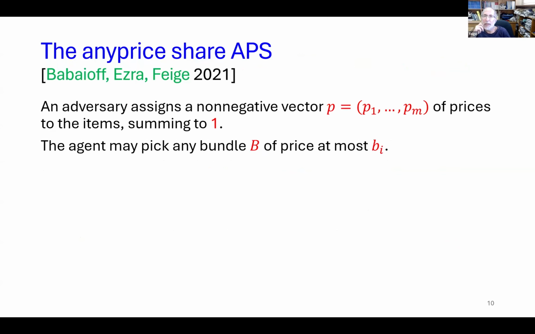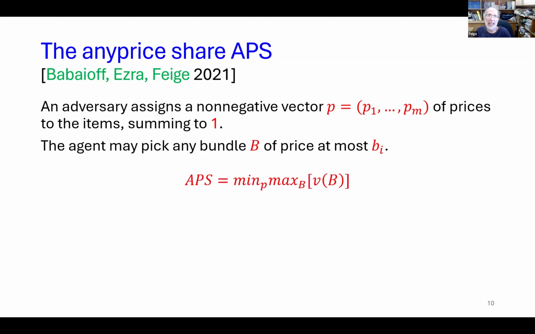And then the agent can pick any bundle as long as the price of this bundle does not exceed her entitlement. In a sense, the adversary says how much each item is worth, and you're allowed to take as many items as you can, or as high value as you can, as long as you don't exceed what you can pay for with your entitlement.